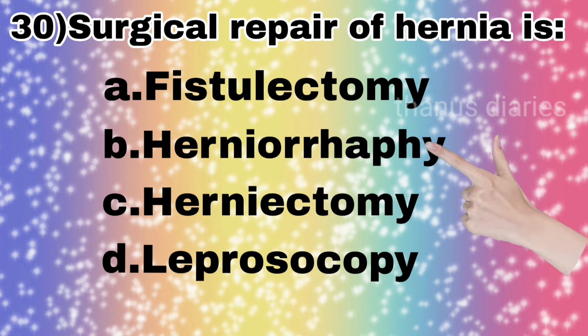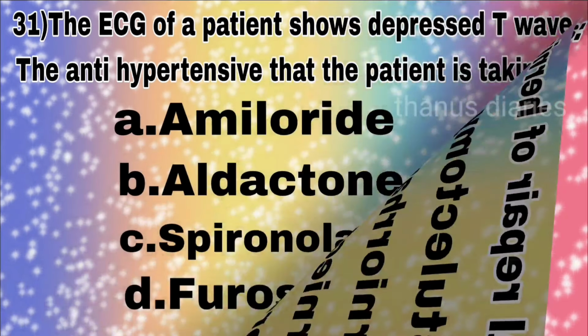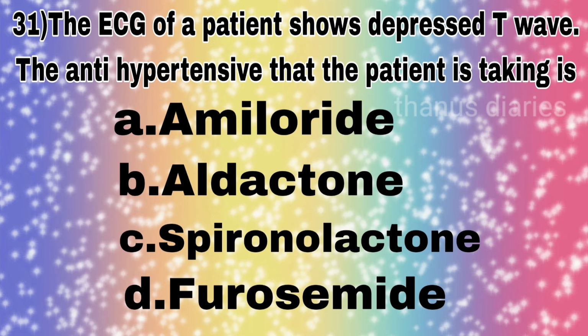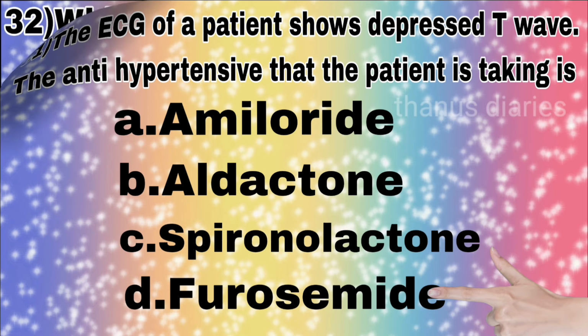It's herniorrhaphy. Next question. The ECG of a patient shows depressed T wave. The antihypertensive that the patient is taking is amiloride, aldactone, spironolactone, furosemide. And the answer is furosemide.